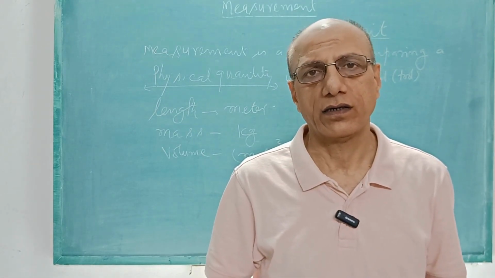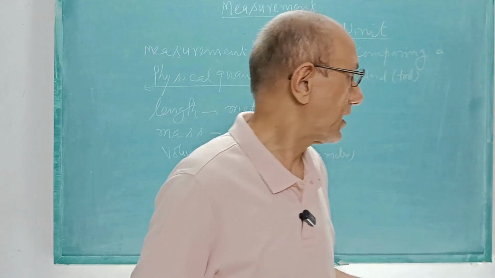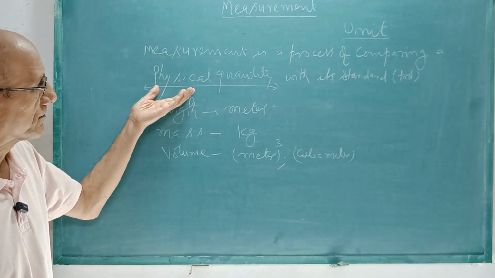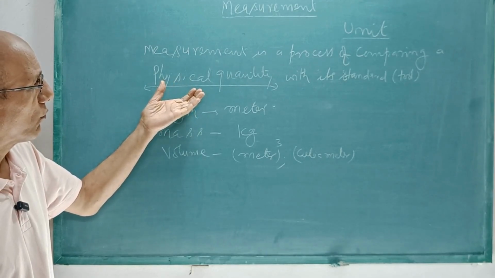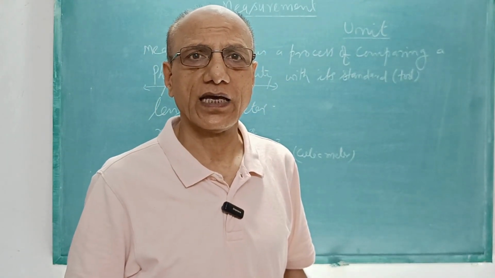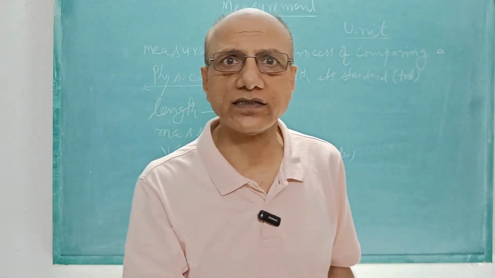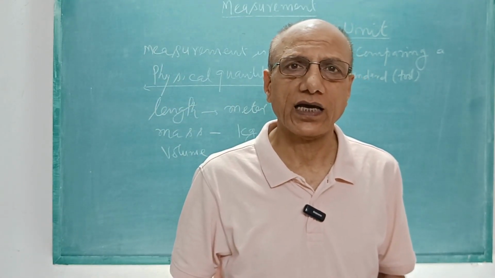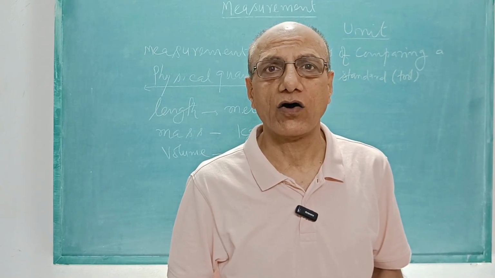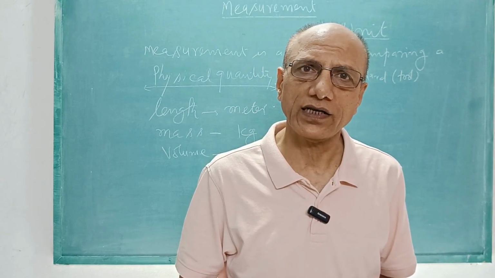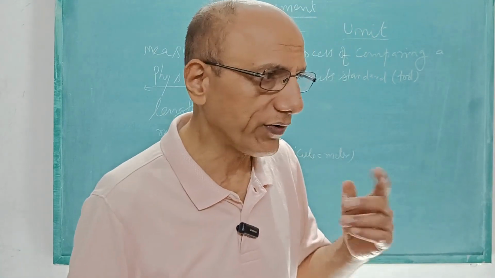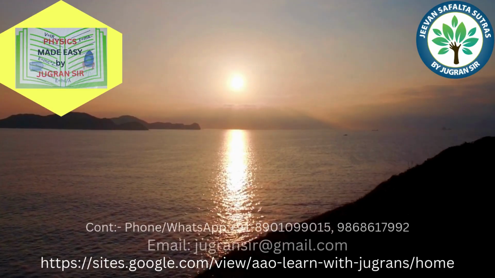And in case of volume, as we have compared the volume of the cup with the volume of the glass and the volume of the bottle, for volume it will be meter cube or cubic meter. So measurement is a process of comparing a physical quantity with its respective standard.